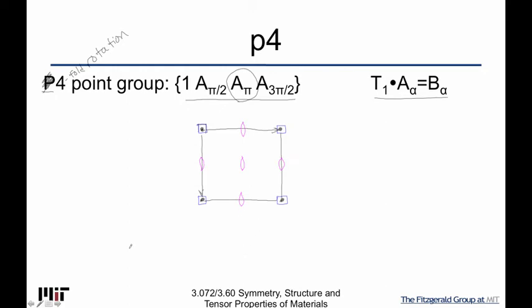So what we want to do is use our theorem to say, okay, fine, are there any extra symmetry elements that we haven't seen before, right? And so let's go through that now. Where is B pi over 2?